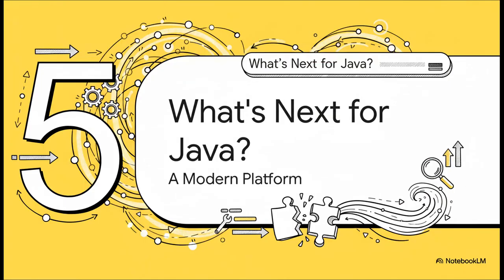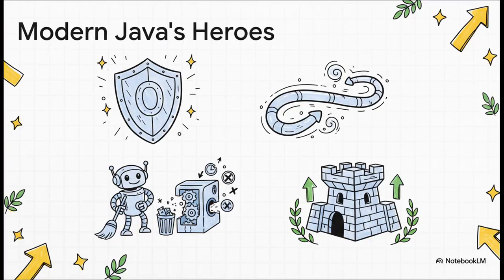So, when you put it all together, what have we seen? We've seen how modern Java has come up with these powerful, really elegant solutions for some of its most annoying and persistent problems. Let's be clear, this is not the same Java it was a decade ago. So let's do a quick lightning round of our heroes. We have Optional, which finally conquers the null pointer exception.